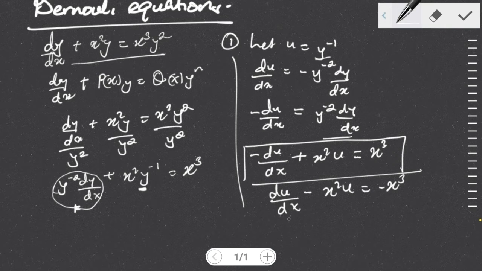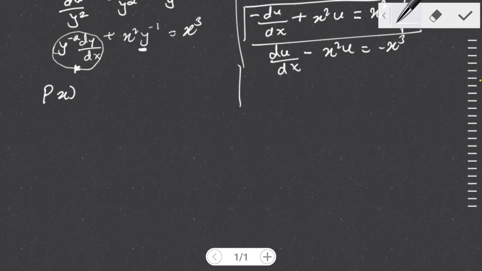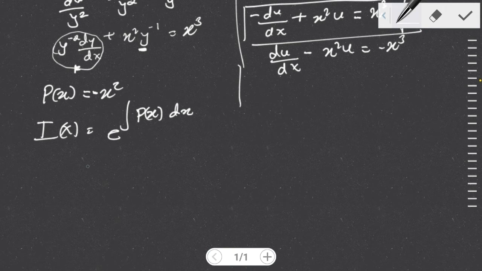Now, p of x is x squared, but it has a negative sign in front of it, so it is negative x squared, and therefore the integrating factor would be e to the integral of p(x) dx, which equals e to the integral of negative x squared dx.